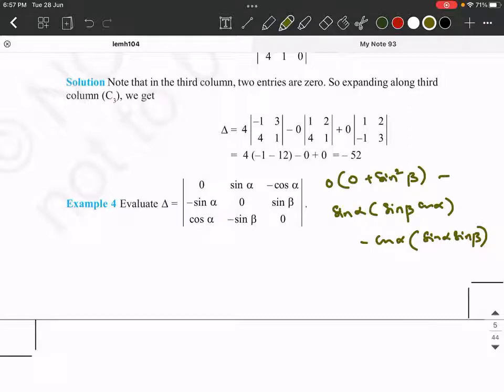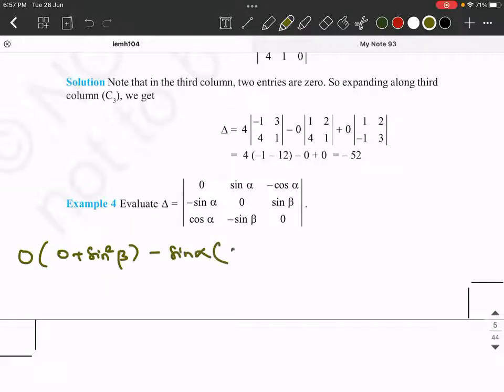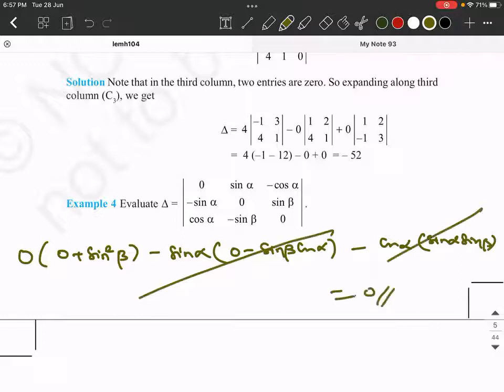So you have minus sine alpha, sine beta, cos alpha, minus sine alpha. So 0 into 0 plus sine square beta minus sine alpha into 0 minus sine beta cos alpha minus cos alpha into sine alpha sine beta. So minus of minus plus, so this and this will get cancelled. Answer is 0.